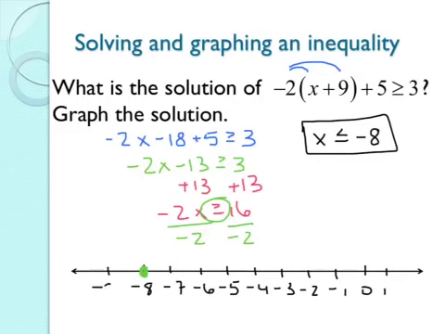And then I am going to shade to the left because my variable is on the left. I know I just shade in that direction. Now you could check your values. What values are less than or equal to -8? Well, -9, -10, -11, and those values are in my shaded region.